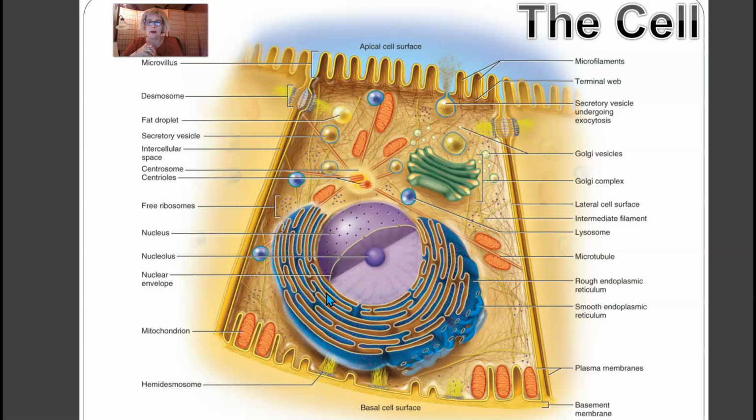But that's pretty much the job of the rough endoplasmic reticulum. Now, smooth endoplasmic reticulum does not have the tiny little balls which represent the ribosomes. You can see them here, very tiny little red balls. But here it's smooth, and the smooth endoplasmic reticulum is involved in lipid synthesis, meaning making fats, lipid breakdown, and drug detox.